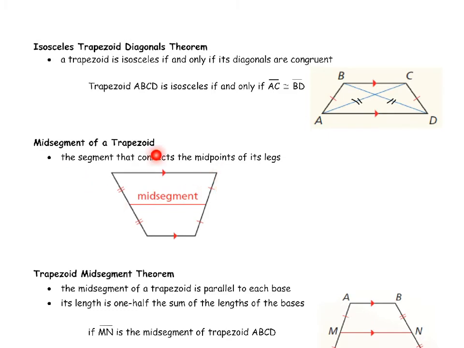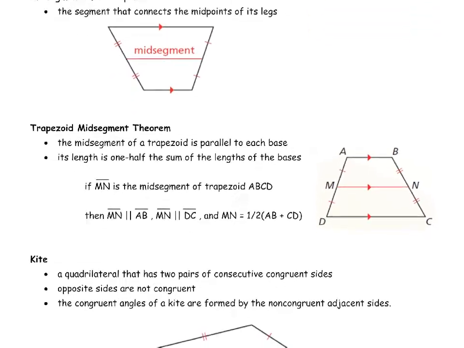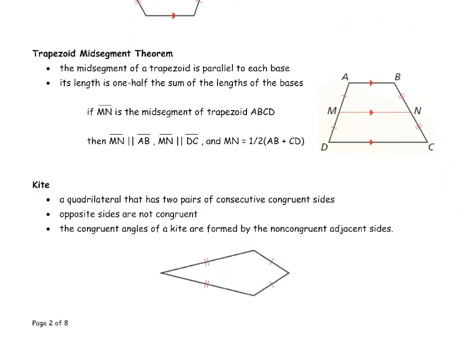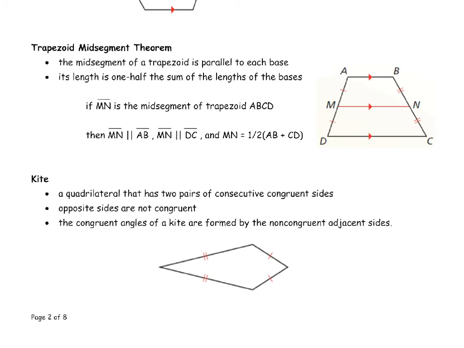And we do have a special formula that we will be using for the trapezoid, and that's being able to find the midsegment. The midsegment is a segment that connects the midpoints of the legs. So obviously, that means it bisects the legs into 2 congruent pieces. All right? And here is our formula.